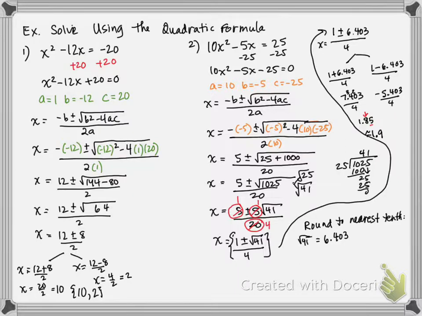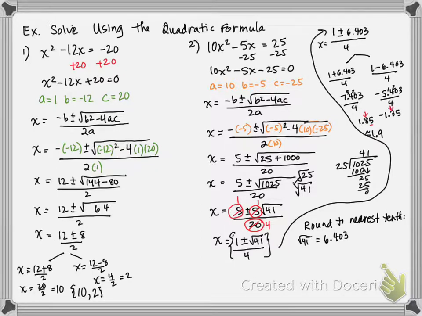All right, so this guy, I'm going to get a negative answer. 4 goes into 5 once with 1 left over. 4 goes into 14 3 times, which is 12 with 2 left over. 4 goes into 25 times, and then that's where I'm going to stop. And I'm going to round to the nearest tenth.